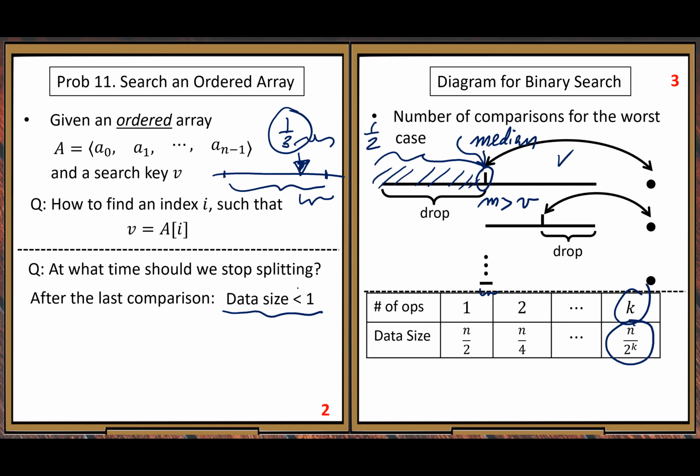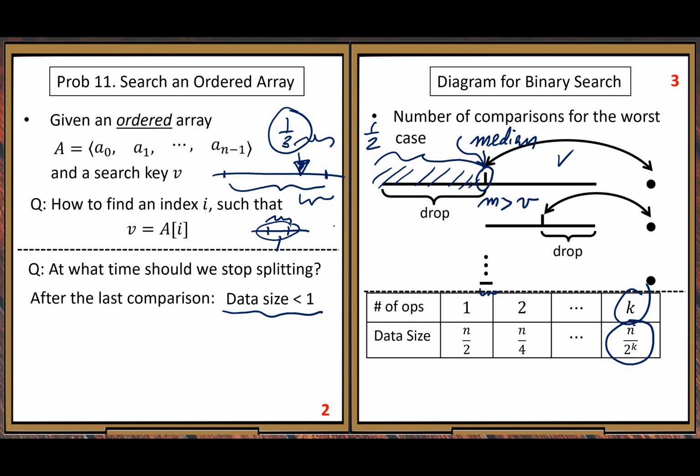If two elements, the data size should be greater or equal to 1. The data size here, we consider the length between two elements. If the difference is 1, that means you may have two elements here.